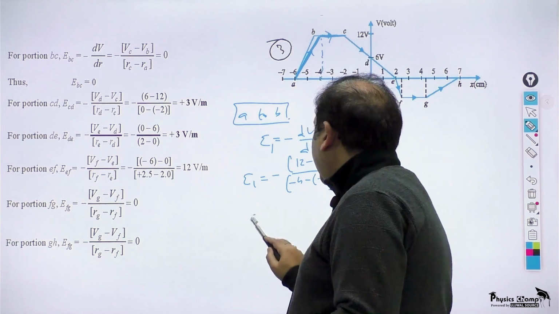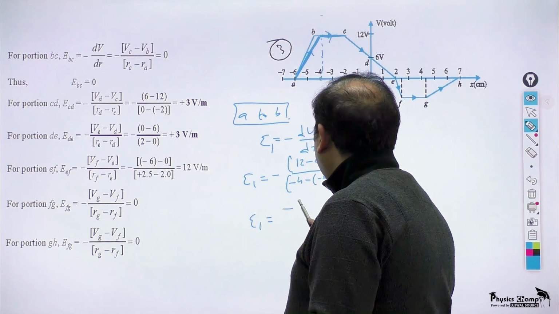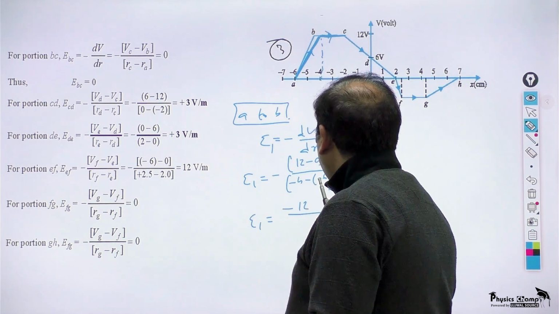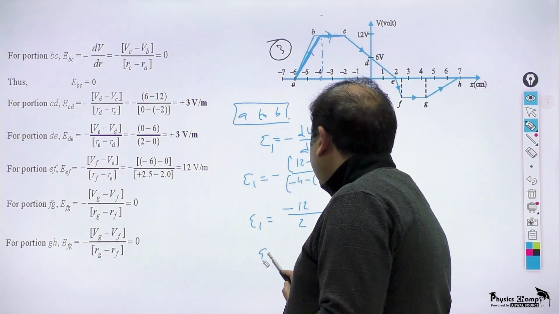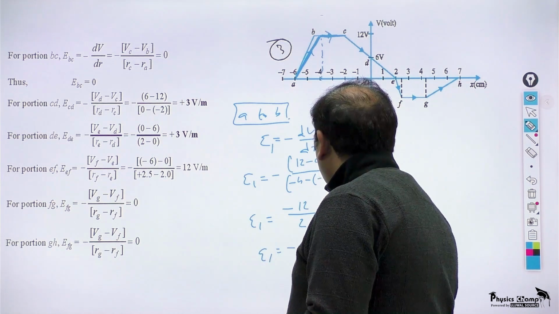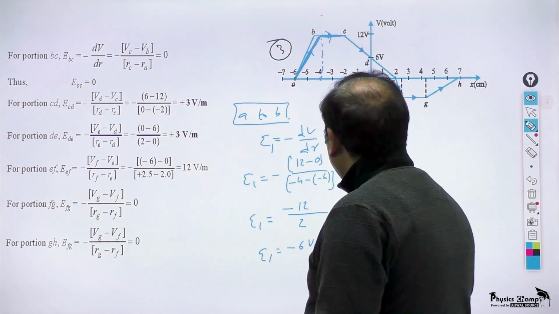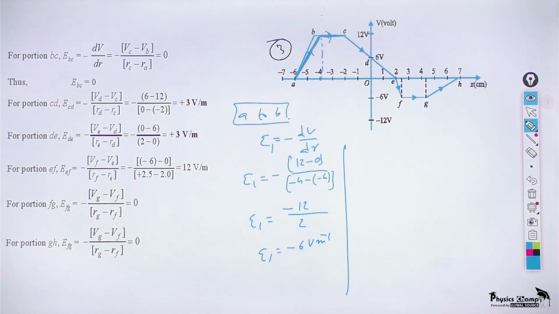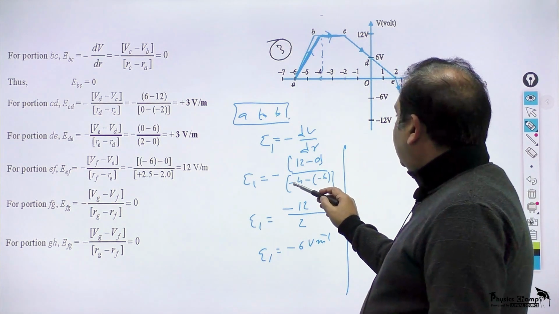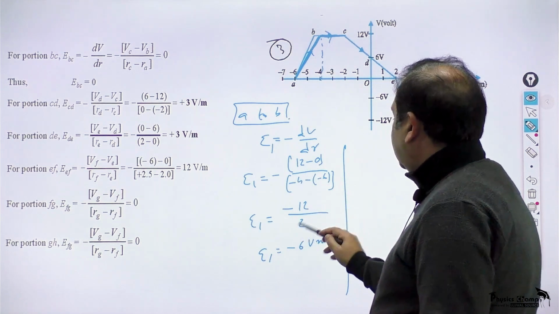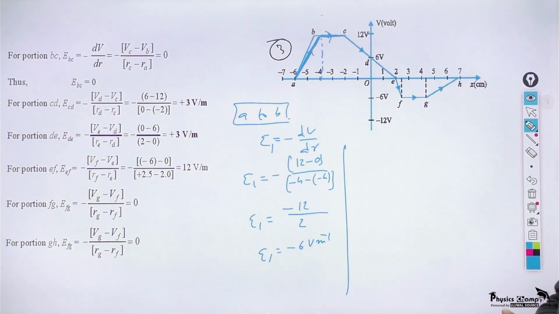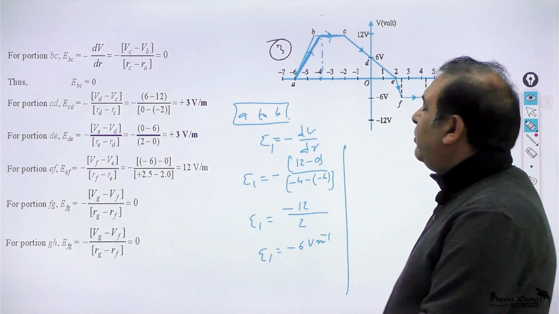So we get the electric field as minus 12 divided by 2, so the electric field is minus 6 volt per meter. This will be 6 minus 4, so this is plus 2. Minus 6 volt per meter is the electric field for the portion A to B.